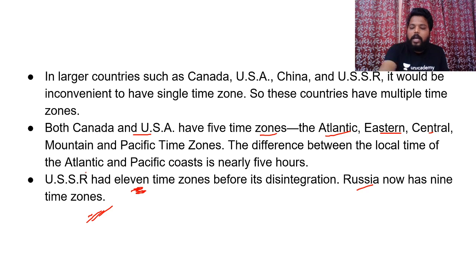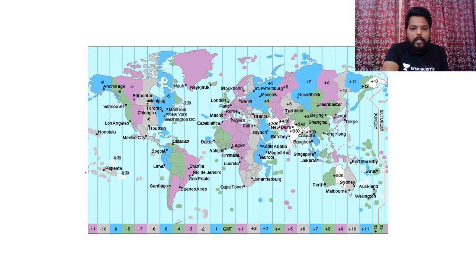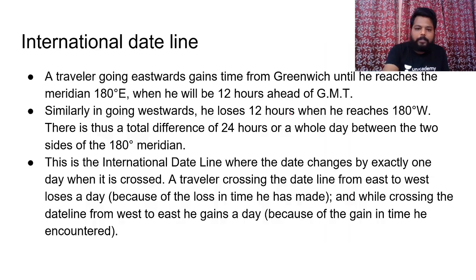No question would be asked in UPSC on this basis. Let's move further. You can see this map directly. India is located at plus 5:30 hours. Done. Now the topic of the international dateline comes.